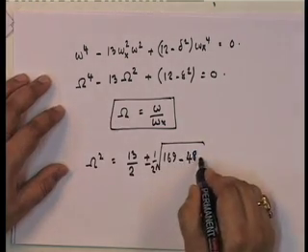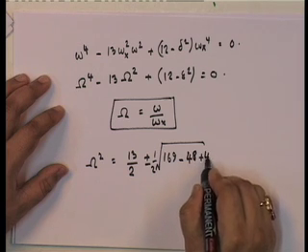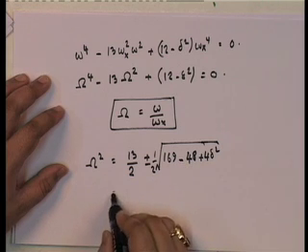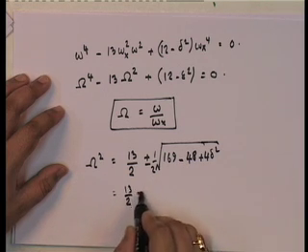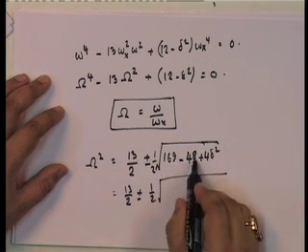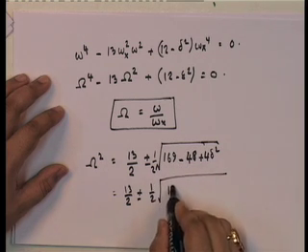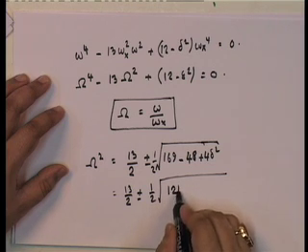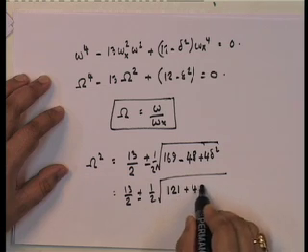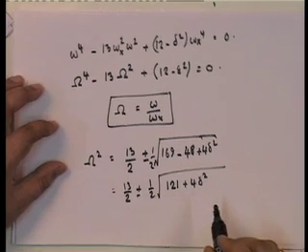So this becomes minus 48 plus 4 delta squared. So this basically becomes 13 by 2 plus or minus half of the square root of 121 plus 4 delta squared.